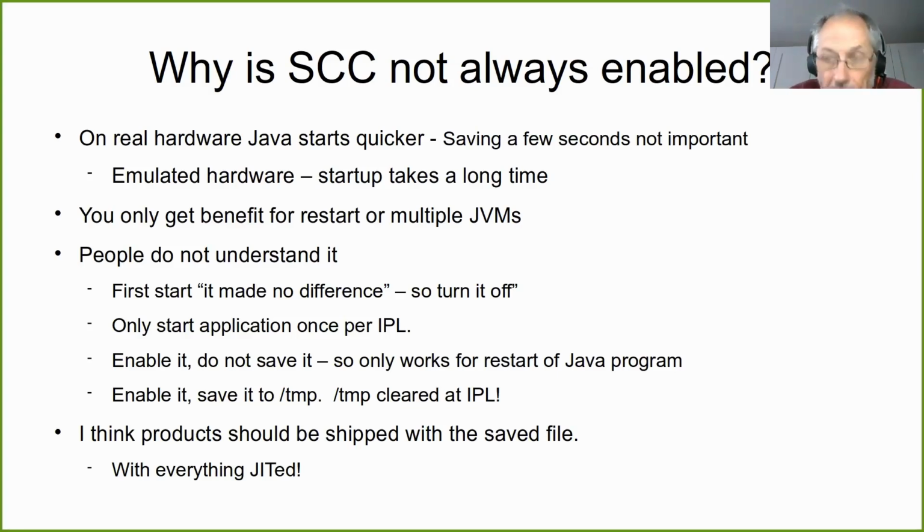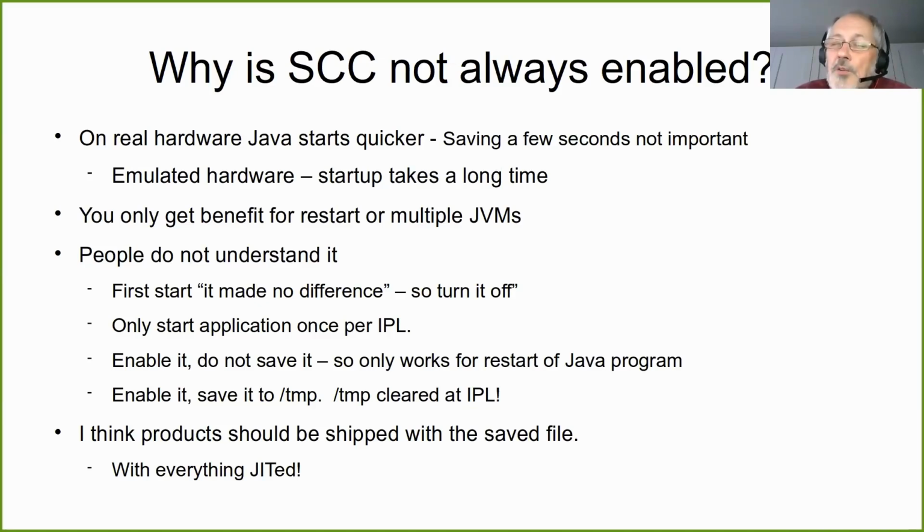I also think that many people do not understand it. For example, they turn it on and say, well, the first time we use it, it made no difference, so we'll turn it off again. But as I showed you in my charts, it takes the second restart or a second JVM to benefit from it. Also, reading some of the forums, someone would enable it, but they did not save it.